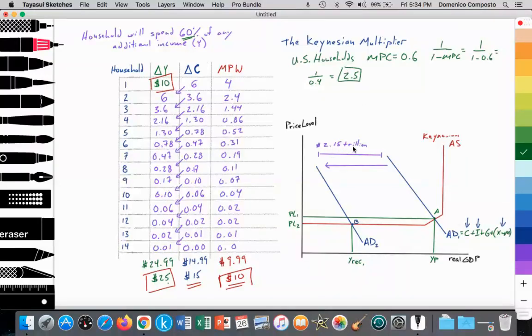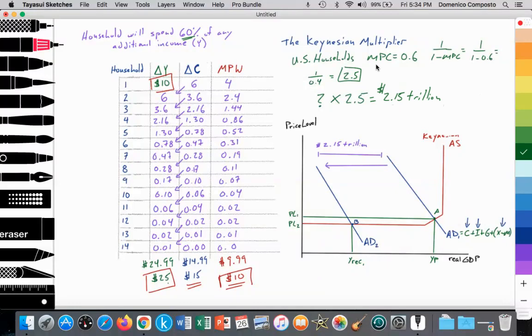So if the recessionary gap is 2.15 trillion, what amount of money needs to be injected into the economy so that it can multiply 2.5 times to close a recessionary gap of 2.15 trillion?